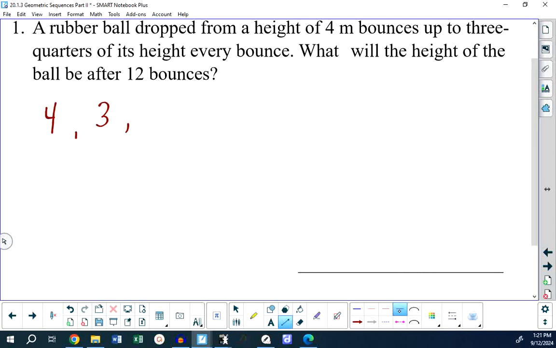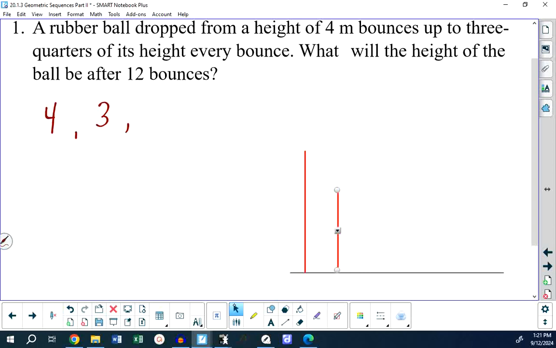So this is the ground, and it's dropped from a height of 4 meters. So that's 4 meters. And then when it bounces back, it bounces to a height of 3/4 of 4 meters, which is, say, 3 meters. We don't have to worry about getting out rulers to do this. I can kind of eyeball it.